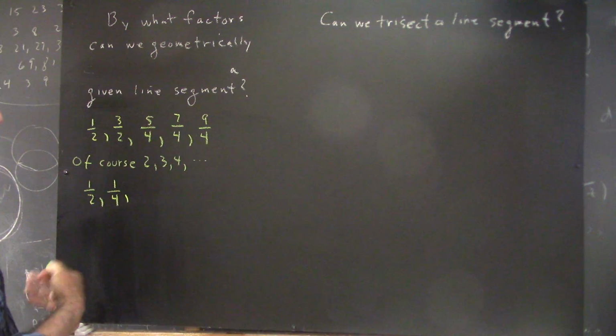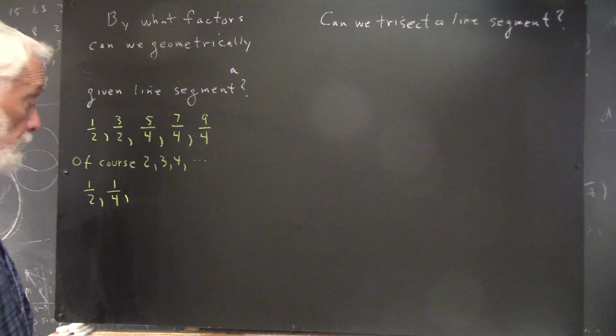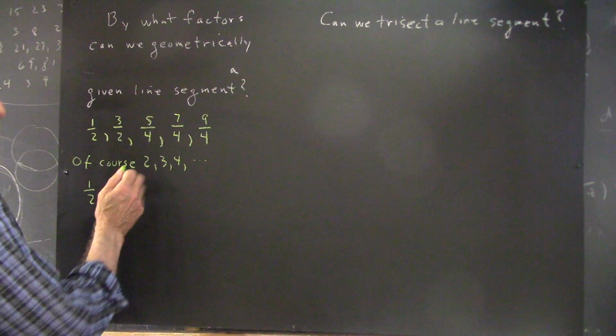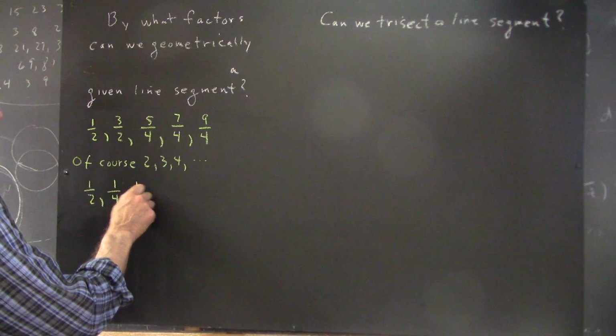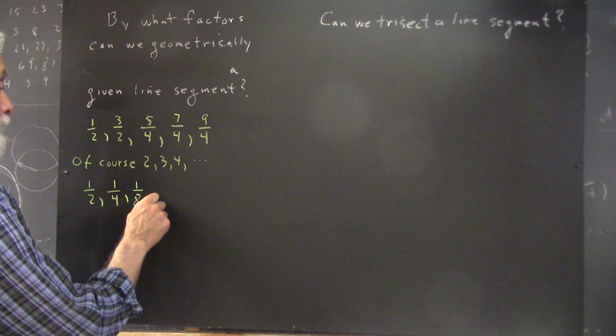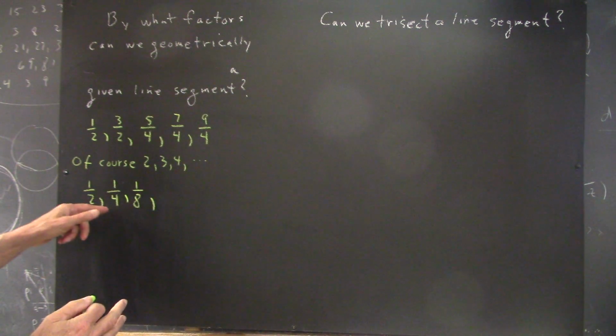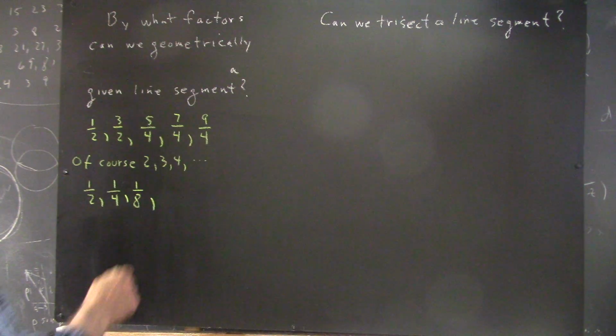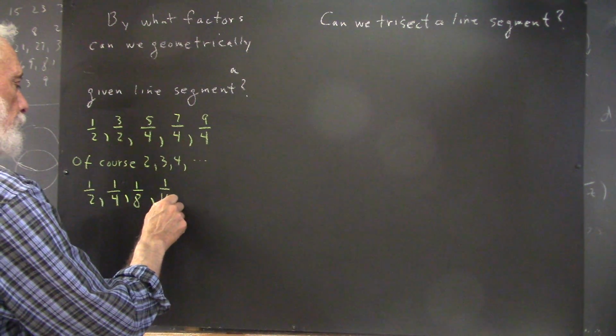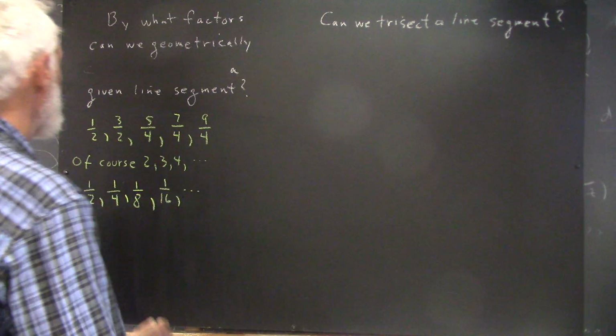You should stop and think about that to make sure you see what it should be. I hope you stopped and got your own opinion, but it'd be 1/8, because we cut 1/4 in half, we have 1/8. And then we get 1/16, and so forth.